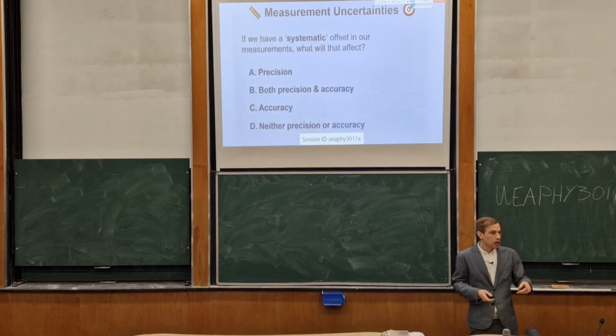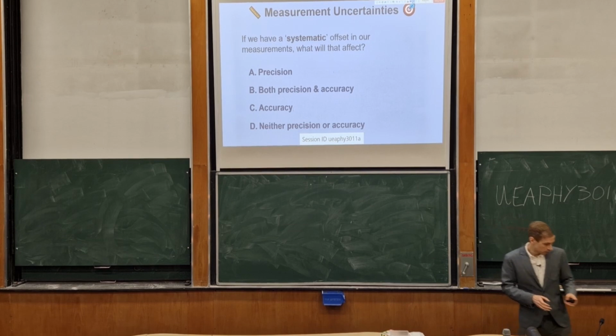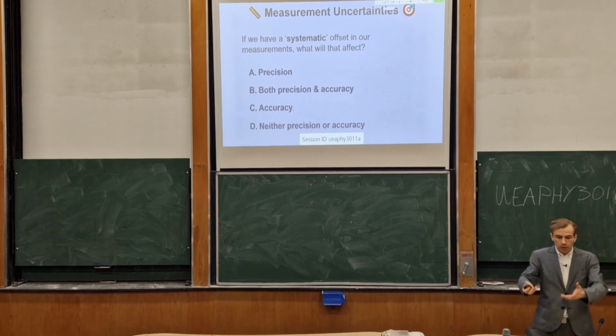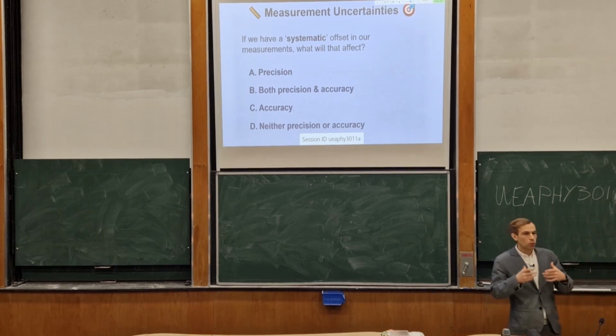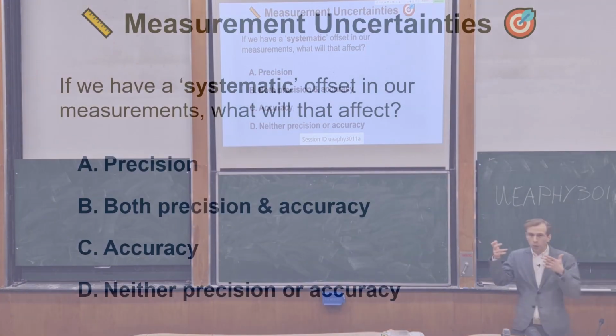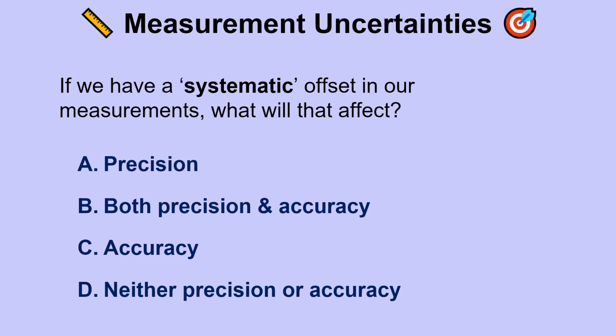Let's try a few questions and see how some of the factors might affect accuracy and precision. Let me get this question started here. Suppose in our measurements we have what we call a systematic offset. Which of these ideas is it going to affect? Is it going to affect precision, accuracy?